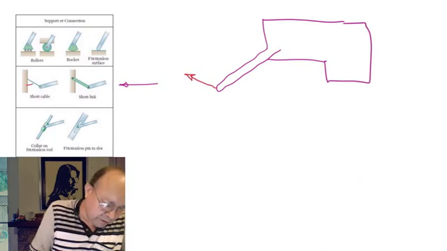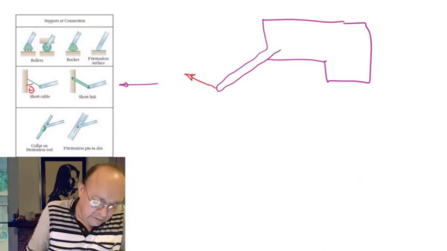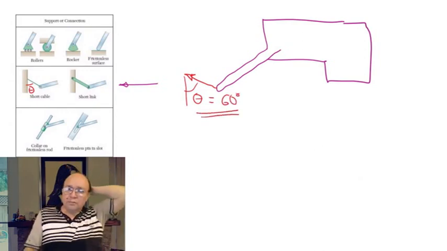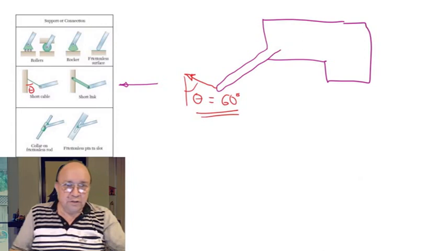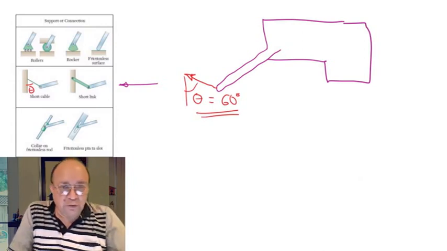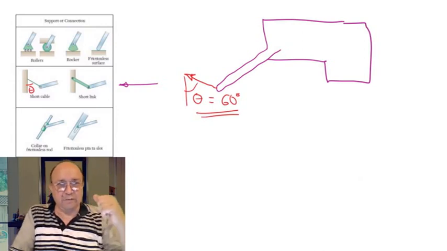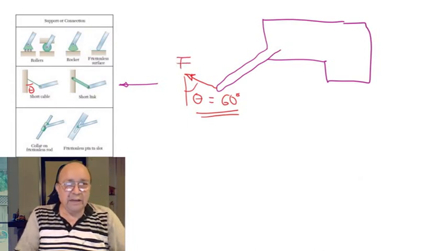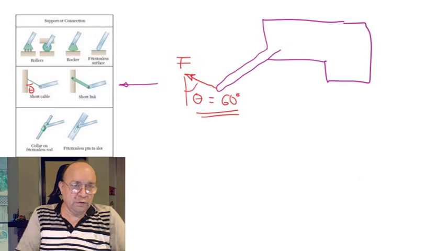You will be given this angle here, say 40 degrees, 60 degrees, whatever, which is usually known. So the direction of the force will be given by the geometry of the cable, and the only unknown that you have here is the magnitude of the force.